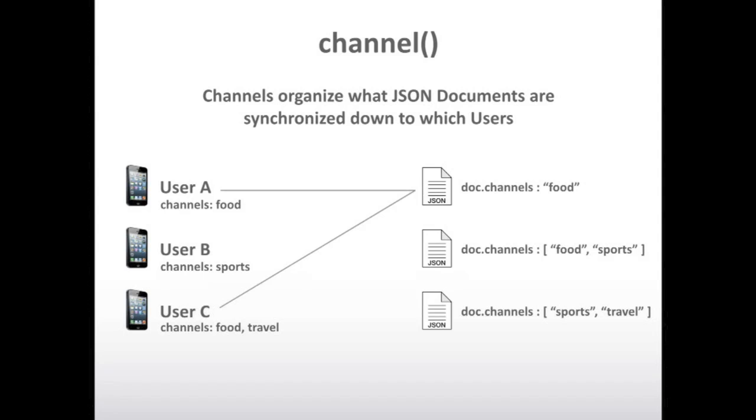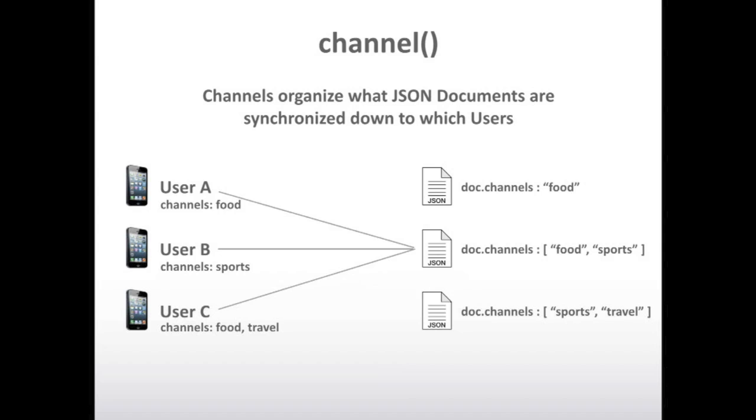The next document that user D creates is about food and sports, and that will end up going down to all three users, because each of them has one of those two channels. So this document is showing up in two different channels.